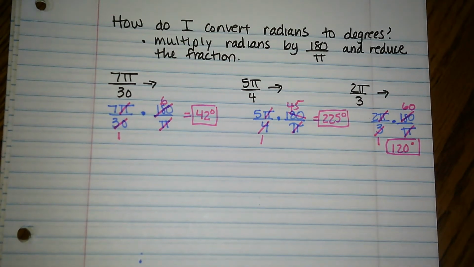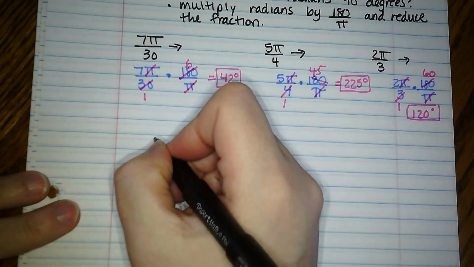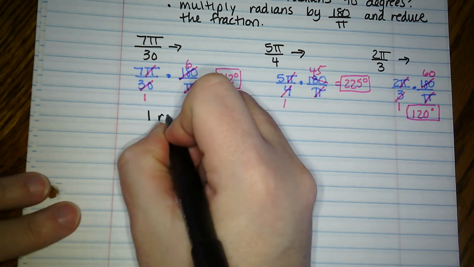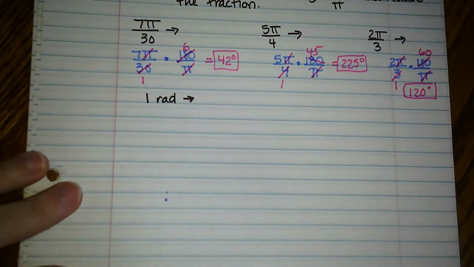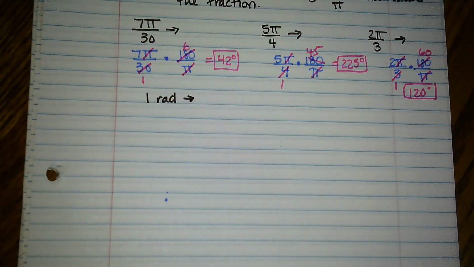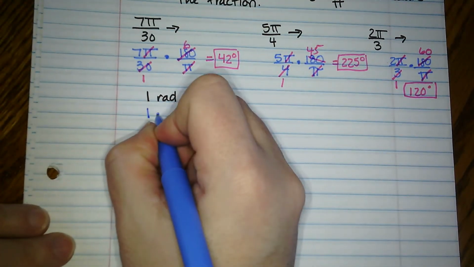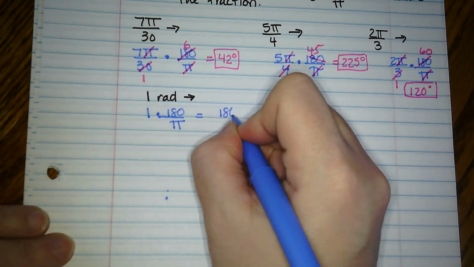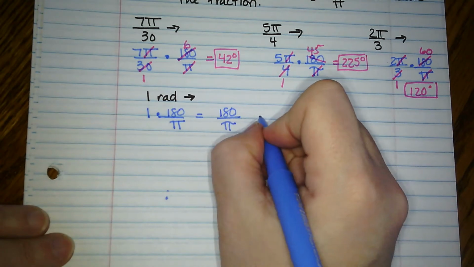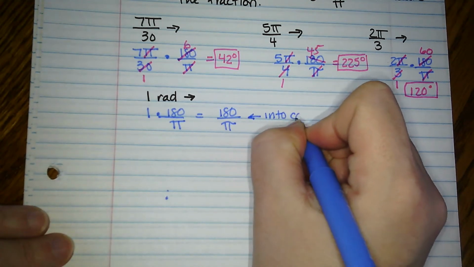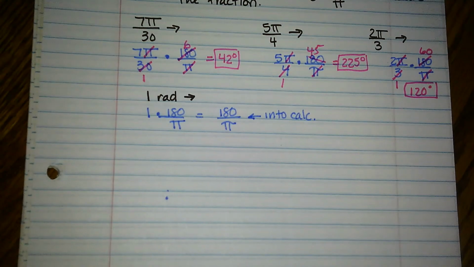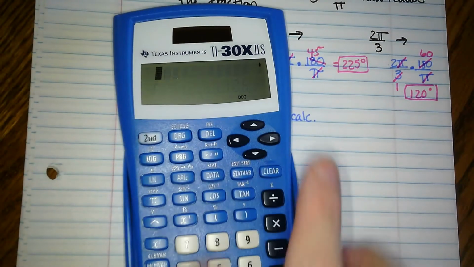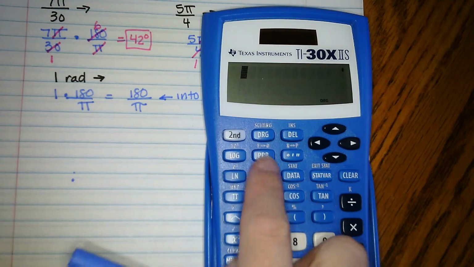Now, when I'm trying to figure out what 1 radian is in degrees, it looks a little different, but you do the same stuff. You're going to take 1 times 180 divided by pi, in which case you get 180 divided by pi, and you are going to type this into the calculator. Okay, so I'm going to type in 180. Now watch this, because you're not using 3.14, you're using the pi button.